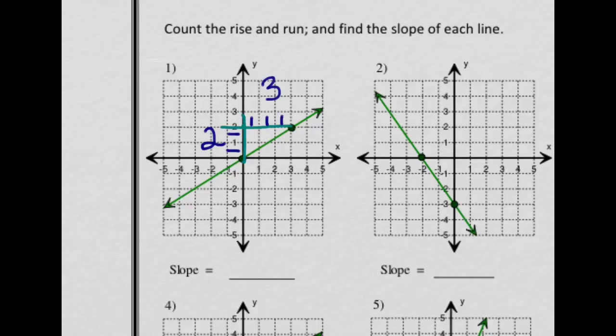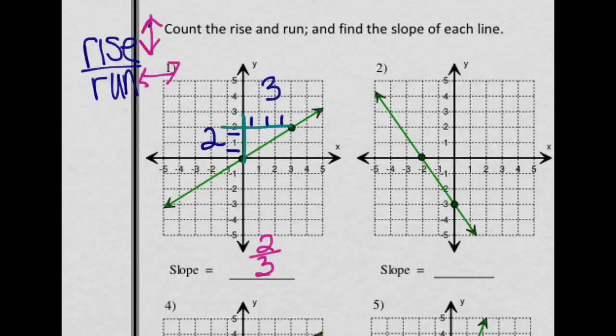So my left to right is 3. Now we write slope as rise over run, which means you're going to go up and down over the left to right. So my top number for number 1 will be a 2 and my bottom number a 3.